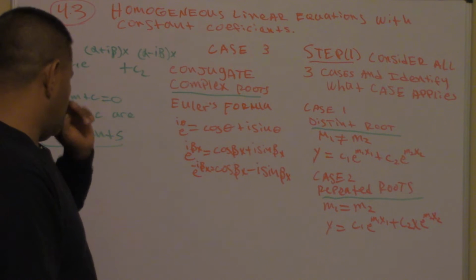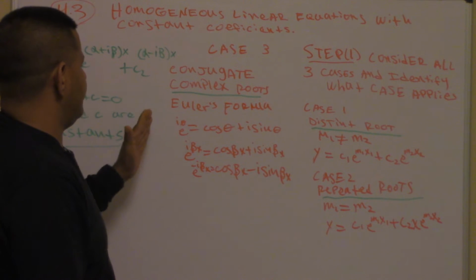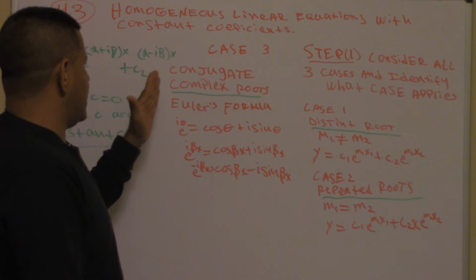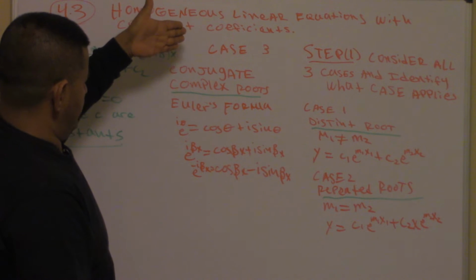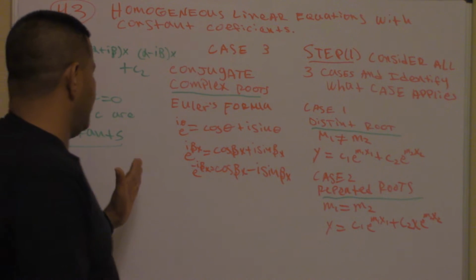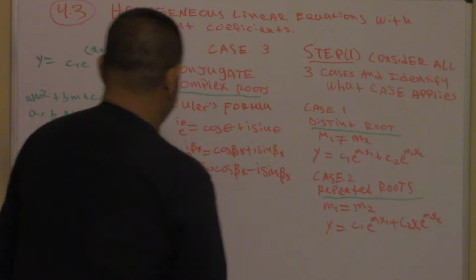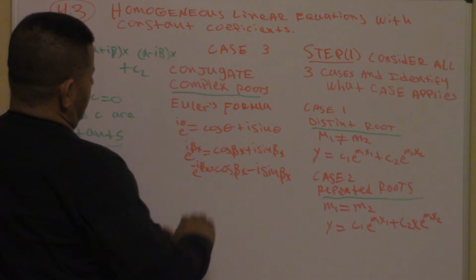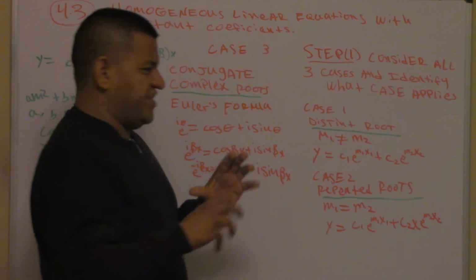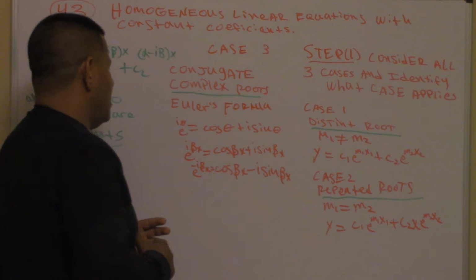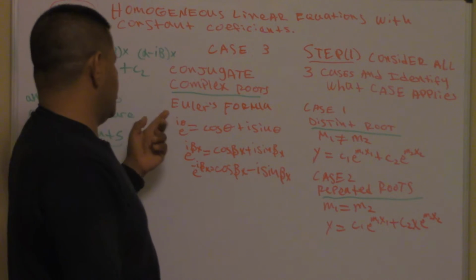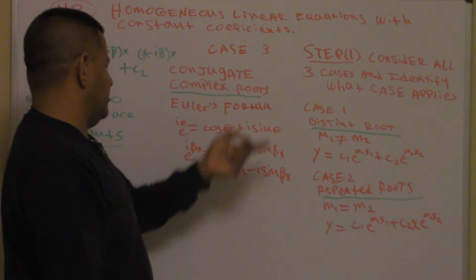Case 3. On case 3 we have the conjugate complex roots, so we will be dealing with imaginary roots. When we're dealing with imaginary roots, we use what is called Euler's formula.